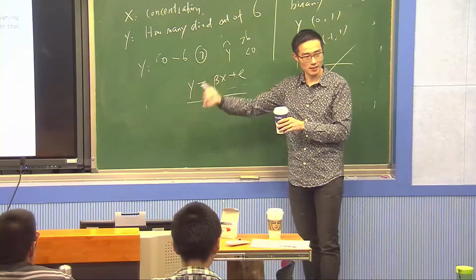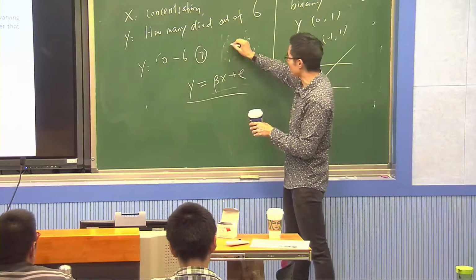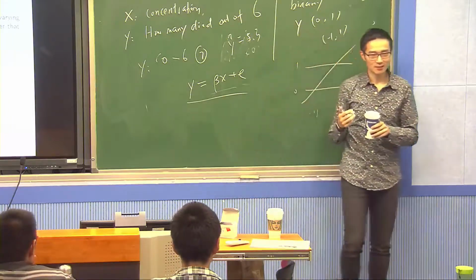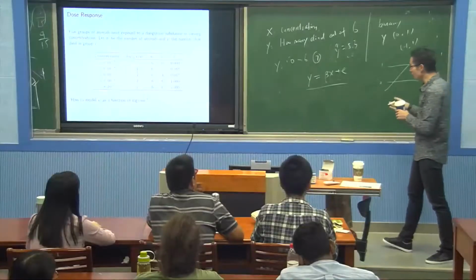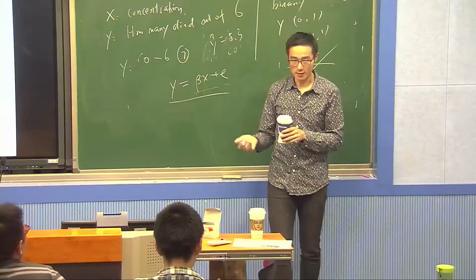There are only 6 animals, and you can also give a prediction like y hat equal to 5.3. What does that mean, right? So for this reason, simply treating it as a regression problem may not be the best idea.